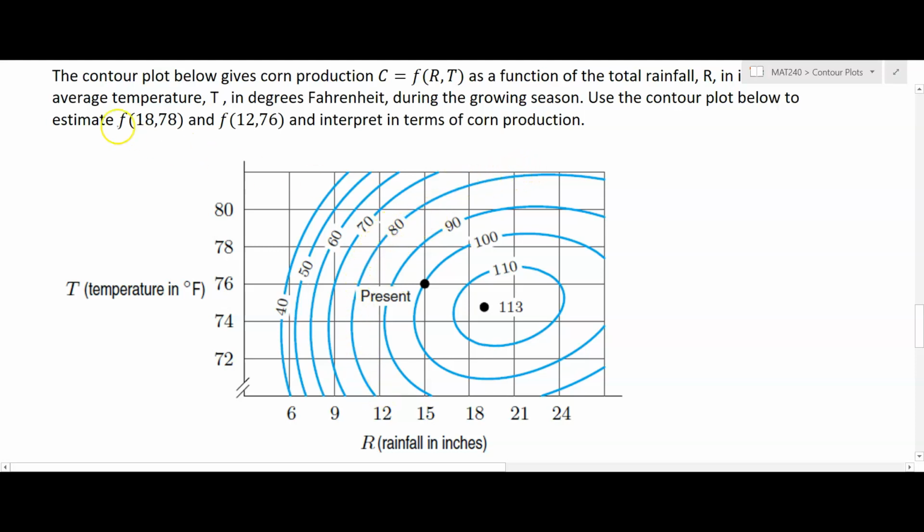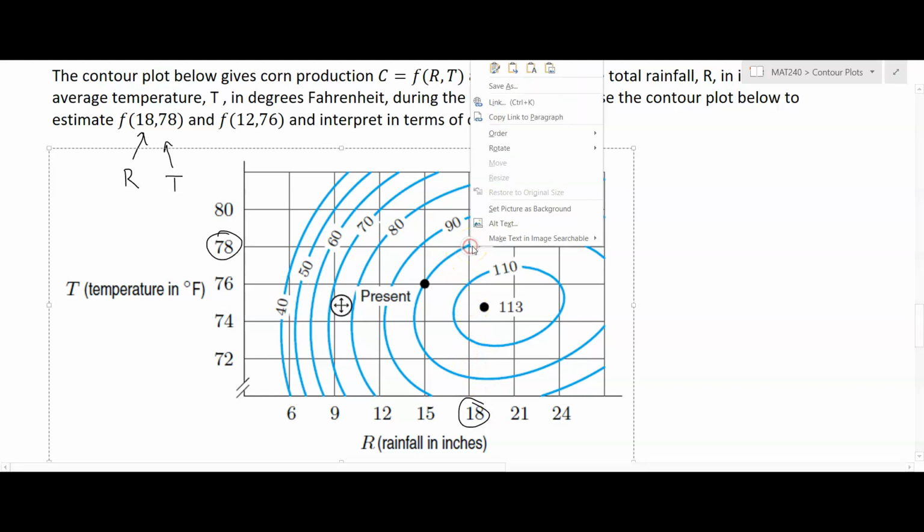C was not defined as how we're measuring corn production, but we have 80 units of corn produced anywhere along this curve. So to estimate f(18, 78), I have a rainfall of 18 inches during that season, and a temperature of 78 degrees Fahrenheit. So let me locate that. 18 inches with 78 degrees Fahrenheit, and I want to figure out where those two points are. Well, that's going to fall right about there.